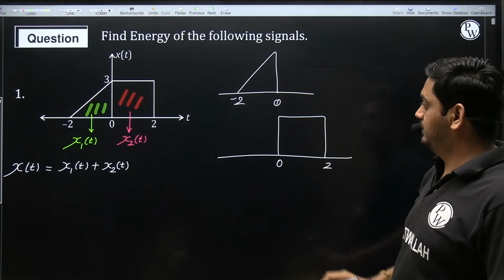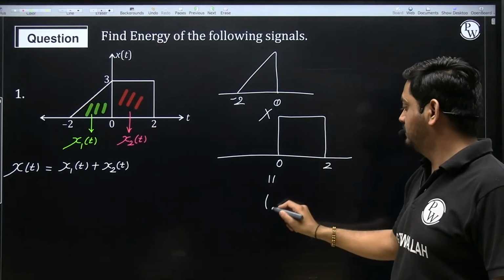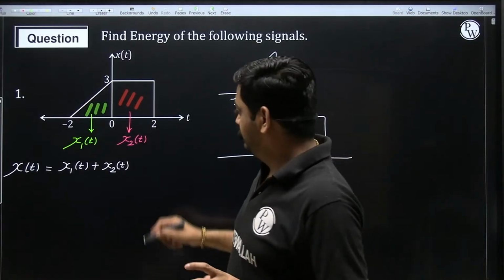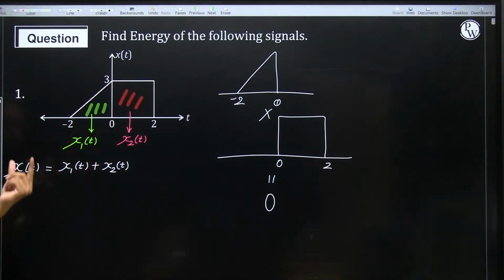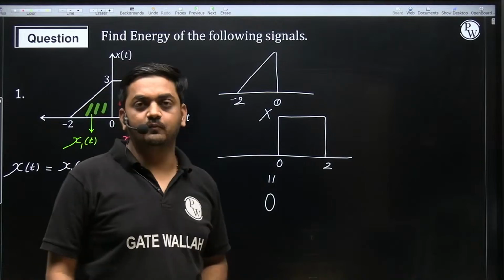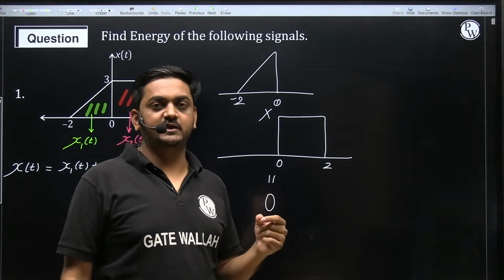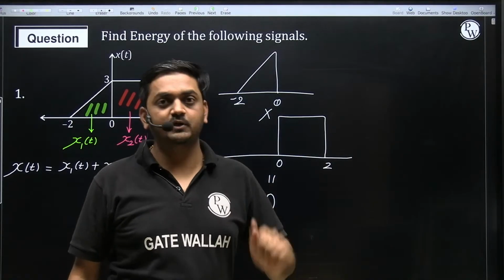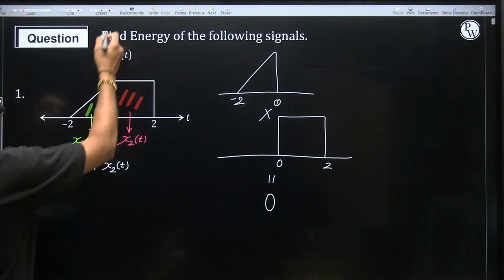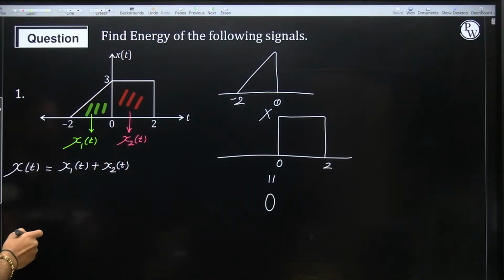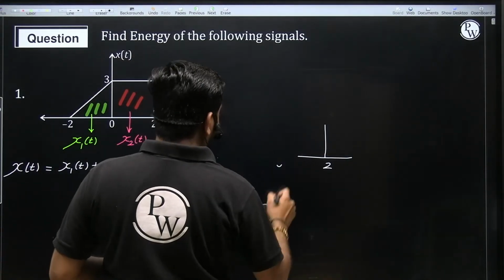So this is x1, this is x2, and the multiplication of these signals is 0. You have to choose the minimum number of signals such that their addition is x of t and their multiplication is 0. If the multiplication of two signals is 0, then the total energy will be the sum of the individual energies. That's why you have to choose signals such that the multiplication comes 0. Okay, fine.